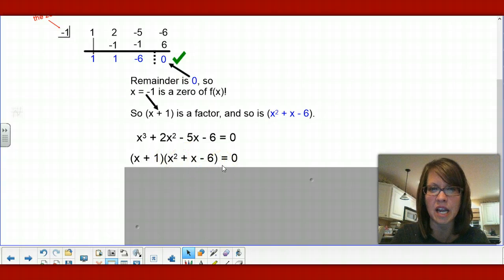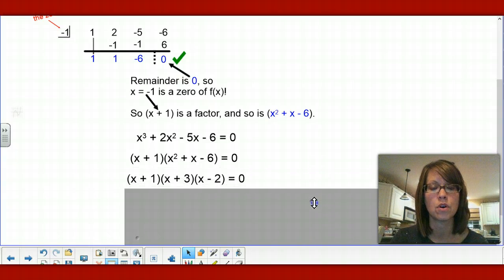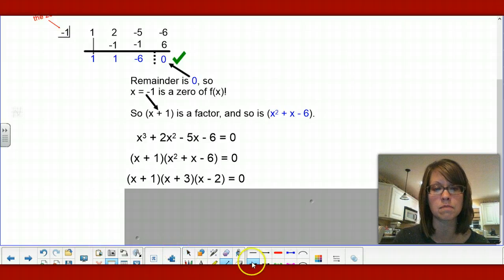To find the zeros, we will then try to factor this down some more. And we can do that to get x plus 3 times x minus 2.